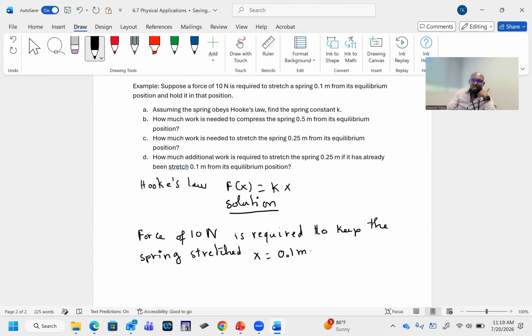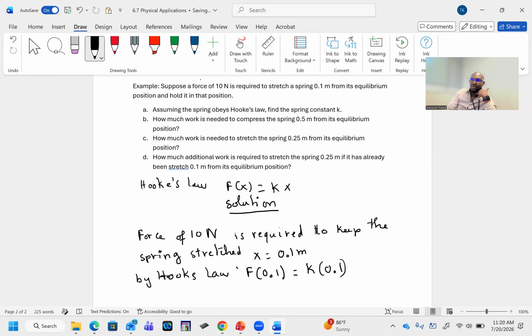Then that means by Hooke's law, we can say f of 0.1 should be equal to k times 0.1, right?